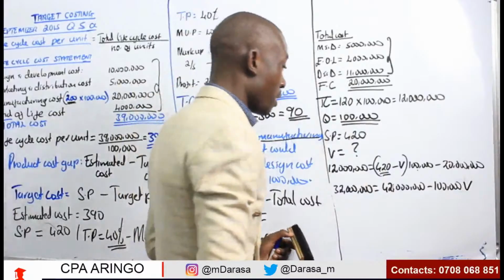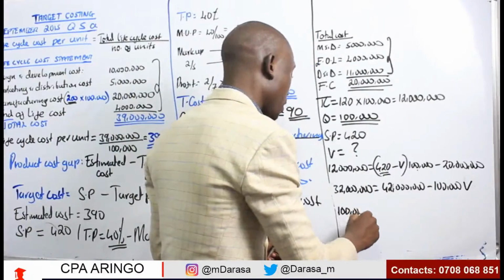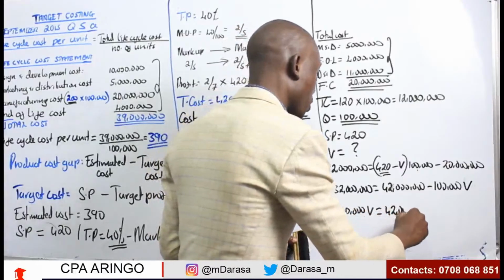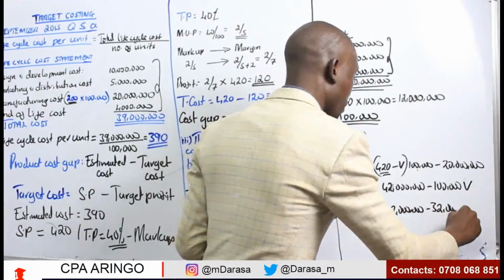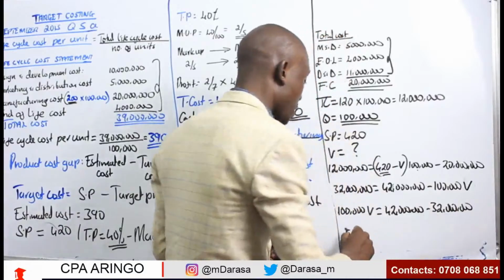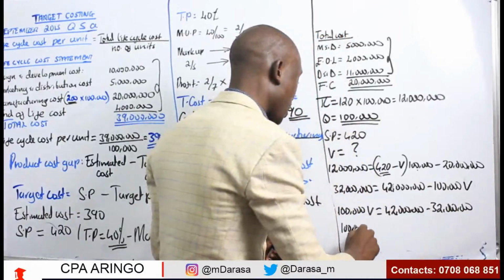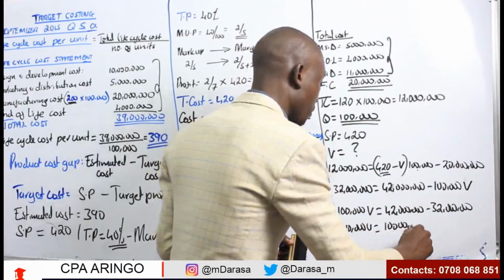So what will be my V? I can clearly see I'm having 100,000 V, talk of 42 million minus 32 million, so therefore 100,000 V is equal to 10 million.